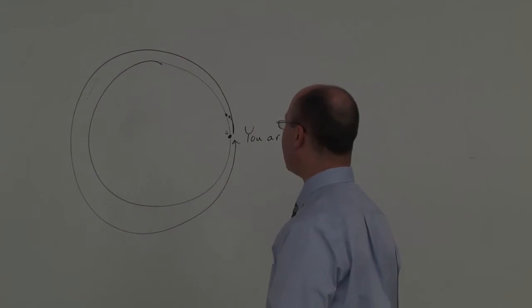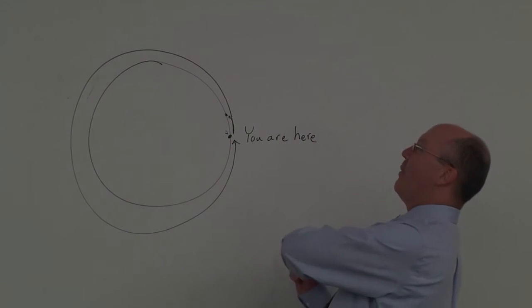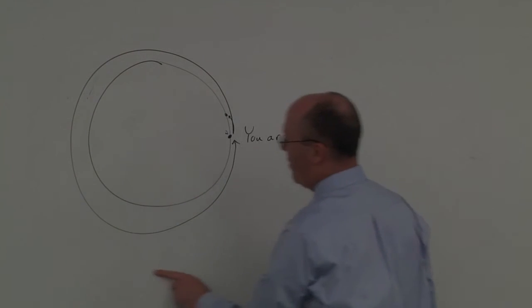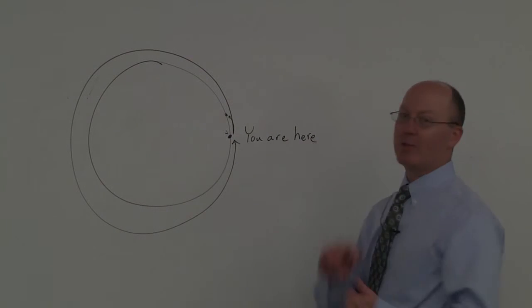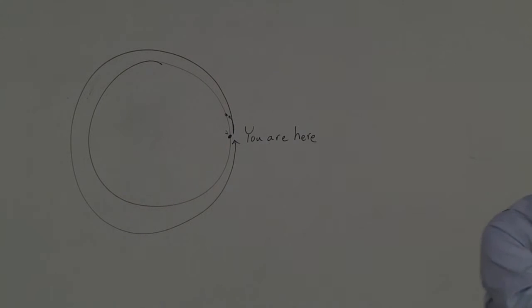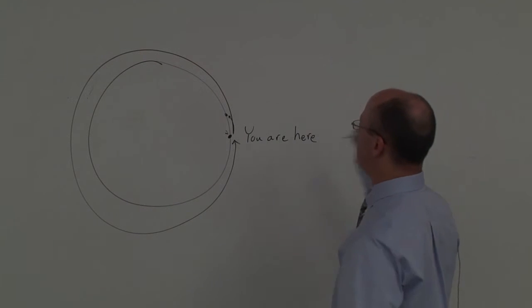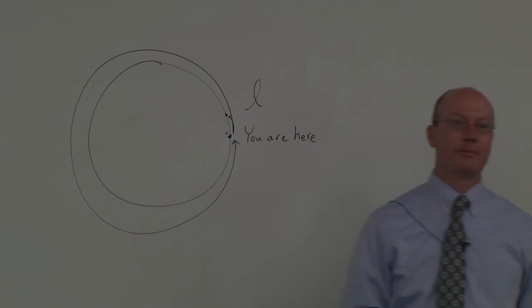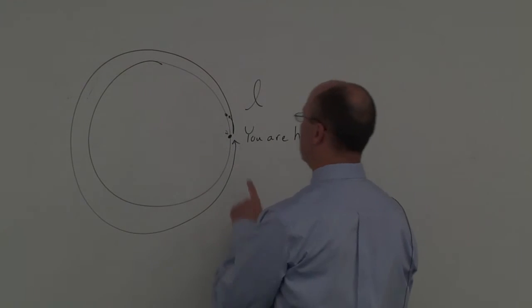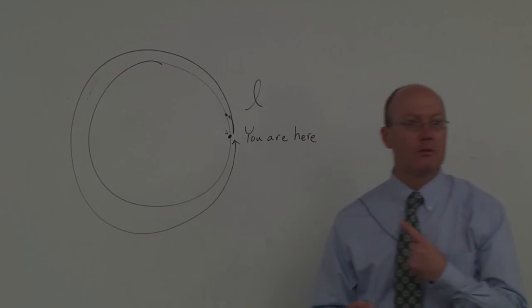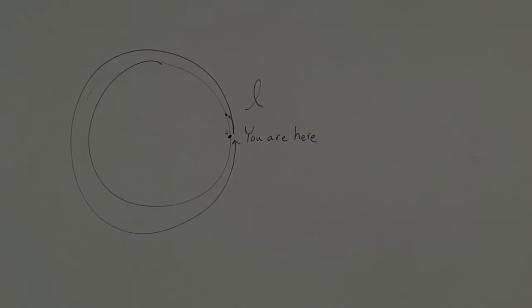Whoa. All right, I just want you to imagine you go all the way around that structure there, and then you get back to where you started, and you say, aha, that's where I started because I found the end of my string. I'm going to call that a loop. I'm going to call that loop L. Because I could, if I wanted to, loop and then loop again, which I think would be different than just looping once.